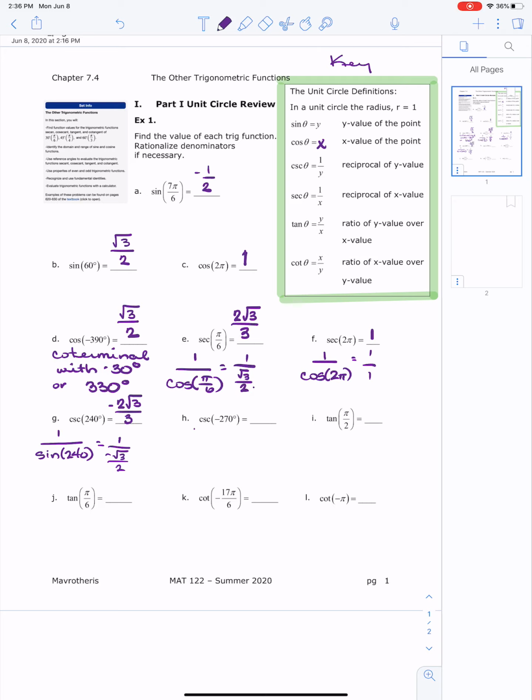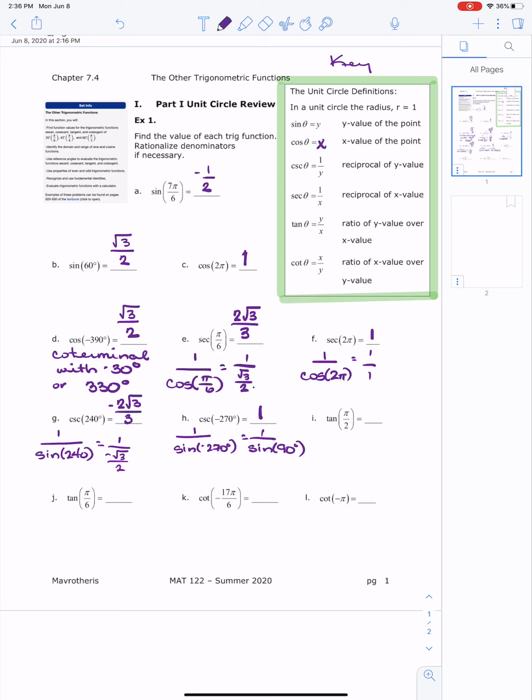Cosecant is 1 over sine. Negative 270 is the same as 90 degrees. The sine at 90 is 1. We get 1 over 1. This one's 1. Tangent of pi over 2.